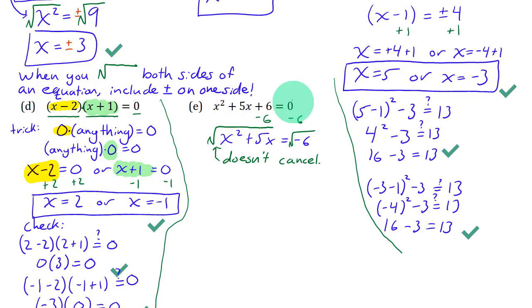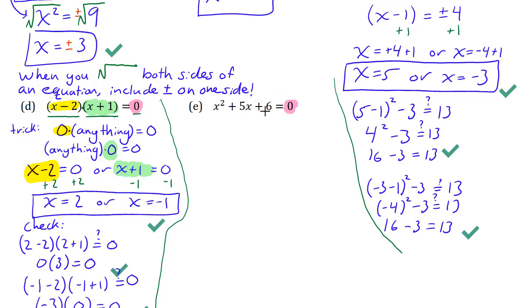So we do have 0 on one side, just like we had over here with this one. But the left side is not in factored form. But could we factor it? Could we take this x squared plus 5x plus 6 and write it as something multiplied by something else that gets you 0? And if you did the factoring exercises up above, maybe you can deal with this.